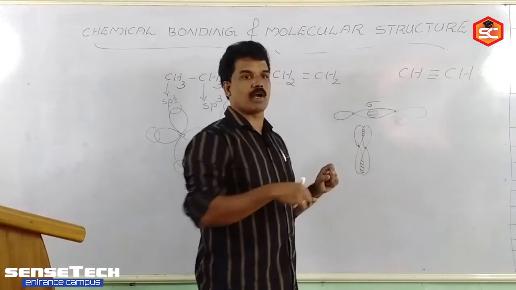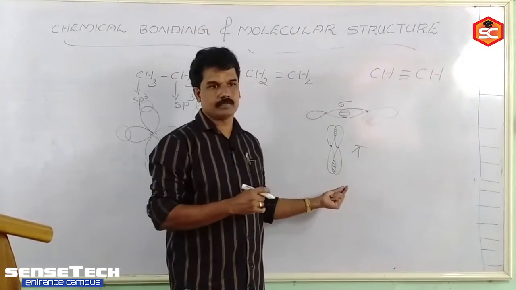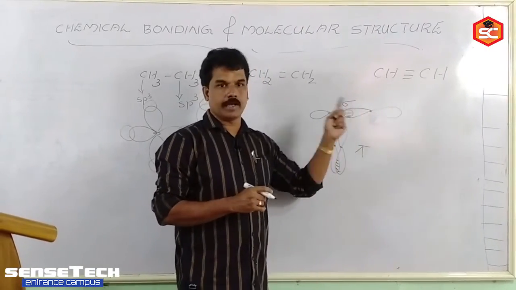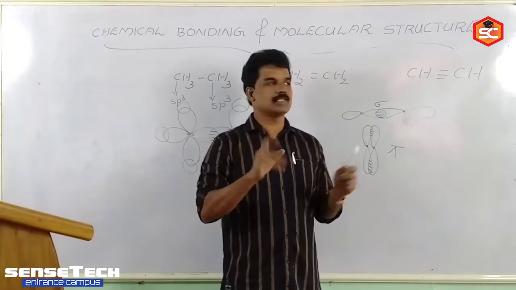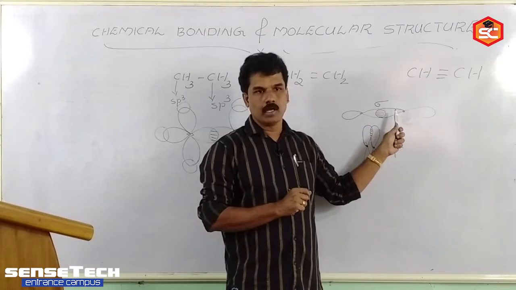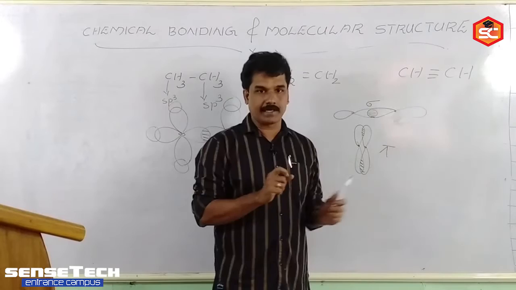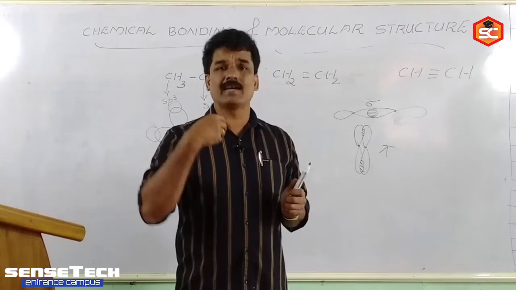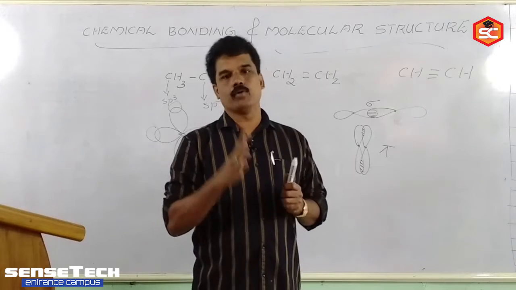So the extension of overlapping is minimum, so this bond is a weak bond. Sigma bond is the strong bond. In a covalent molecule, the first bond formed between any atoms is always which bond? Sigma bond. After the formation of sigma bond only, which one will form? Pi bond. In the case of a multiple bond, one is sigma, and all the remaining are pi bonds.